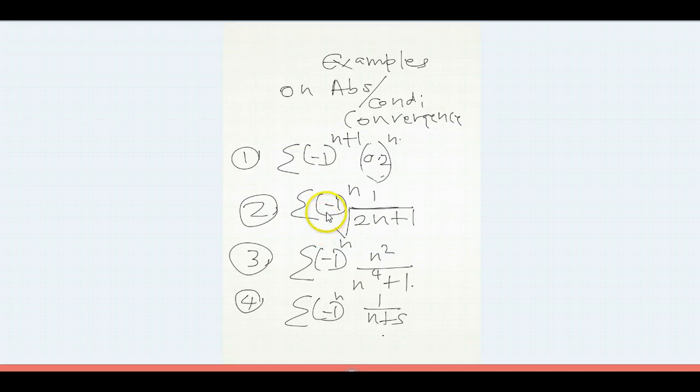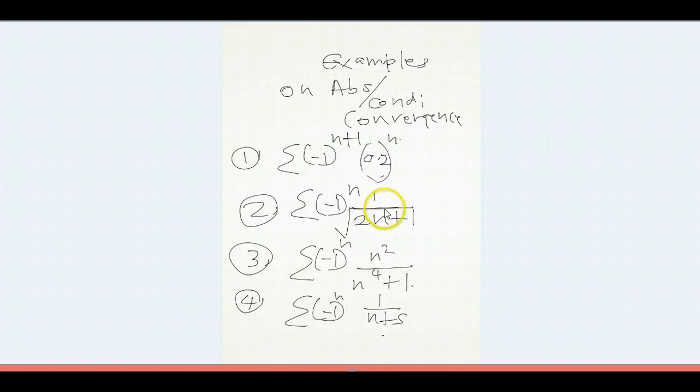Now let's look at the absolute value series. Just forget about this part and concentrate on this part right here. What about that series? When you have a situation like that, it's always good to look at a comparison partner for the limit comparison. As I mentioned, when you look at the partner, you look at the highest power and ignore the constant.